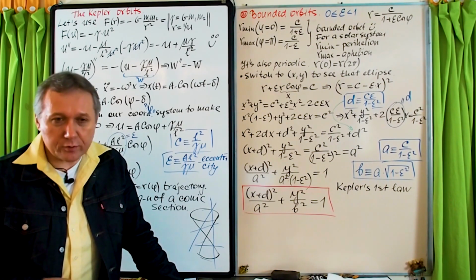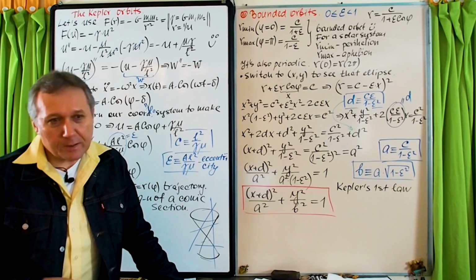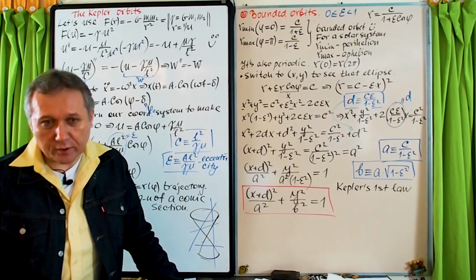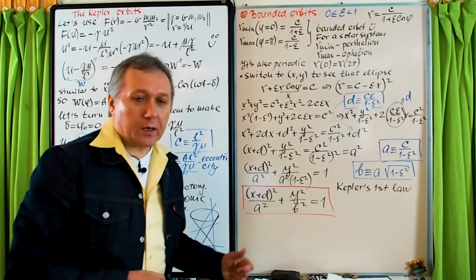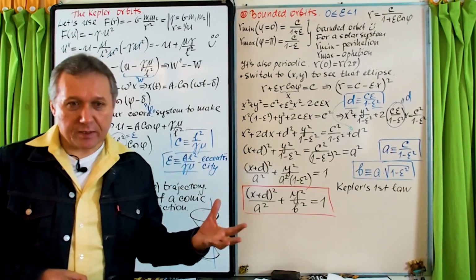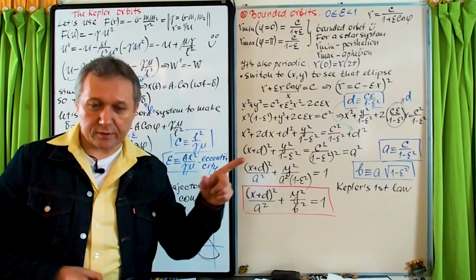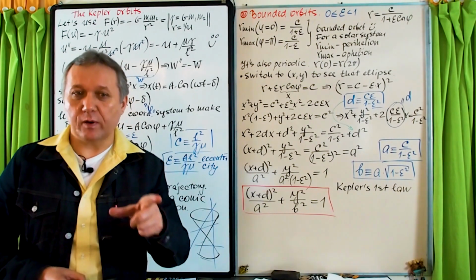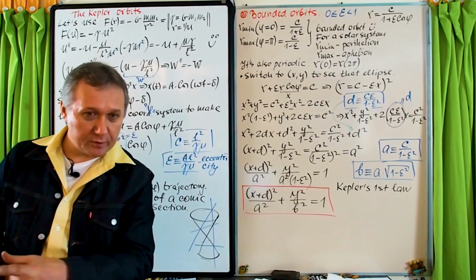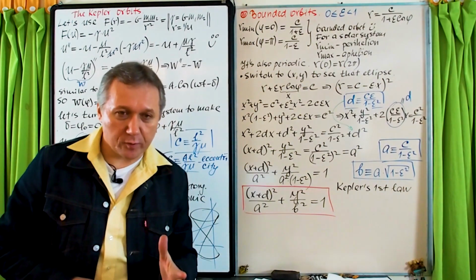I'm surprised usually students don't know these terms, canonical coordinate system, canonical equations. If, for example, an ellipse has the simplest possible form, x squared divided by a squared plus y squared divided by b squared equals 1, that's the canonical form of the equation.